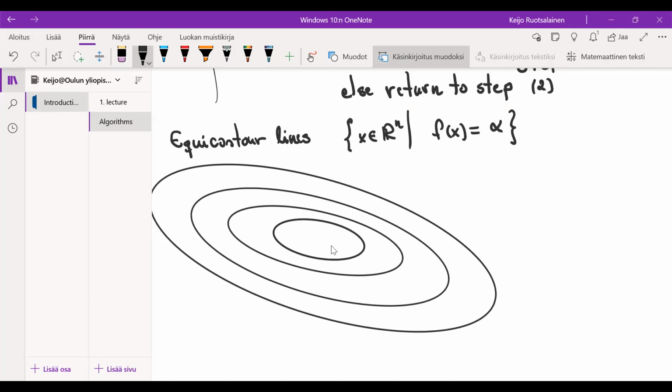So here I assume that somewhere is x hat, the minimum point.